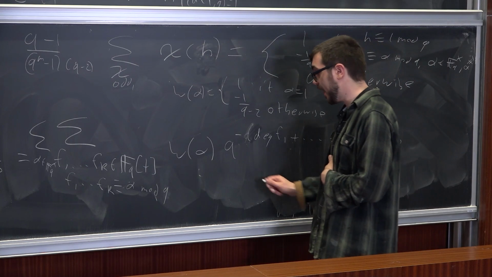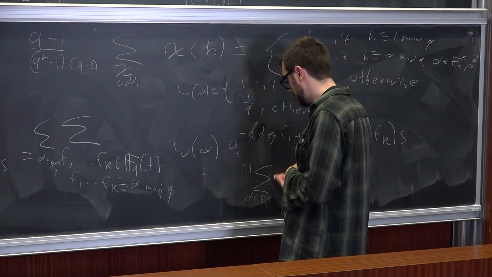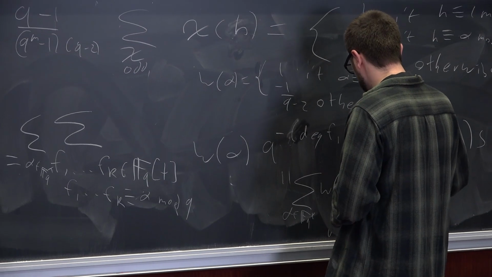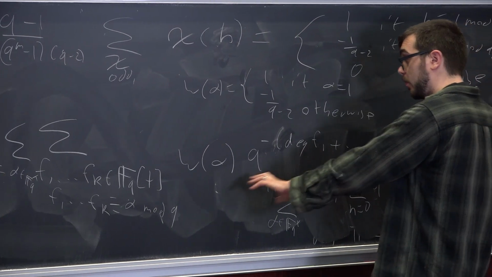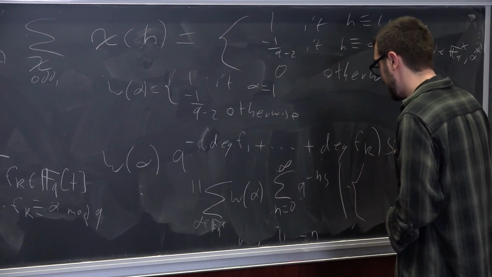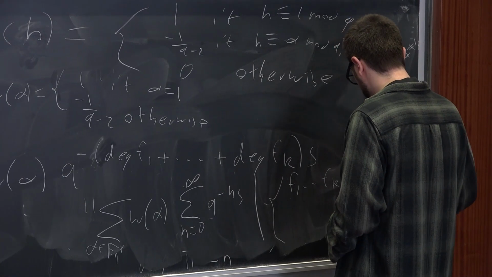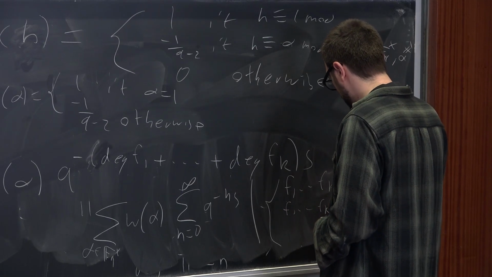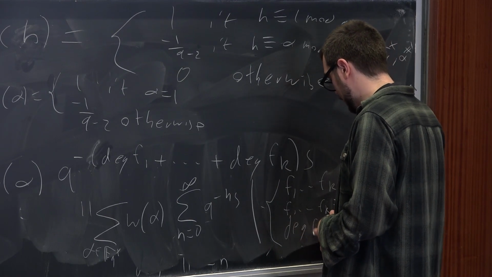And so another way to write that is the sum over alpha in Fq cross, w of alpha, times the sum from n equals 0 to infinity of q to the minus ns. So each term where the degrees sum to n gives us q to the minus ns. And the number of terms is the number of tuples f1 through fk in Fq[t] plus, whose product is congruent to alpha mod g, and whose degrees sum to n.